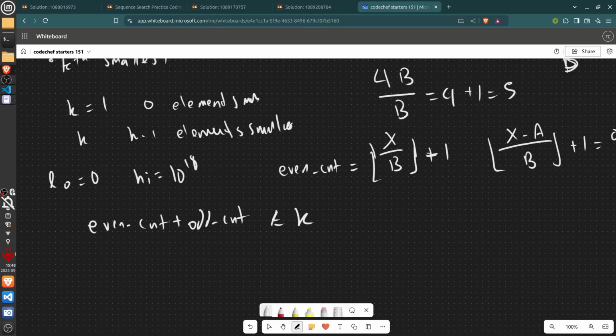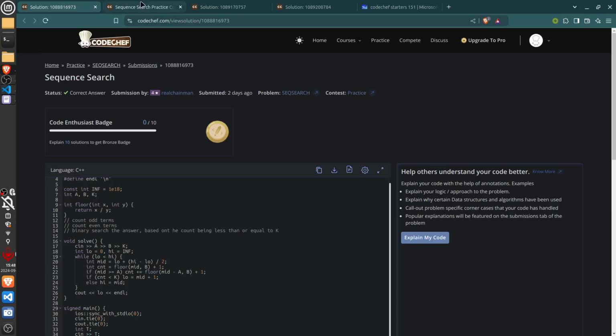I think you're going to want smaller than k. No, you're going to want smaller or equal to k. And then you just return true in the Boolean, and you just want to return the last case of true. Okay, I think that works.